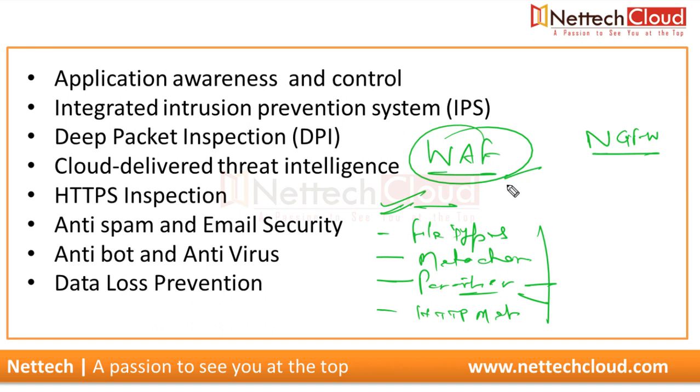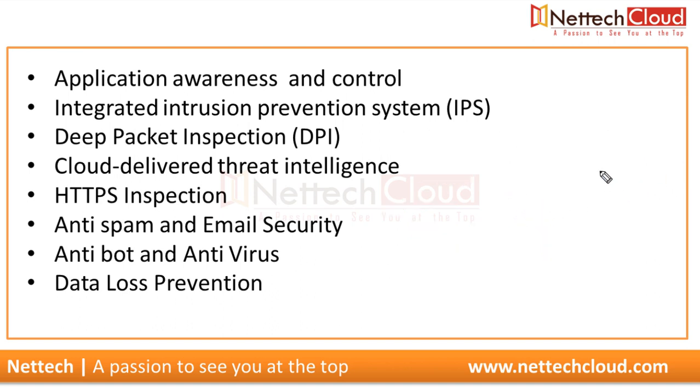So the web application firewall has a vulnerability protection mechanism, but not only that. In fact, with the web application firewall, we can do more than what the next generation firewall can do.